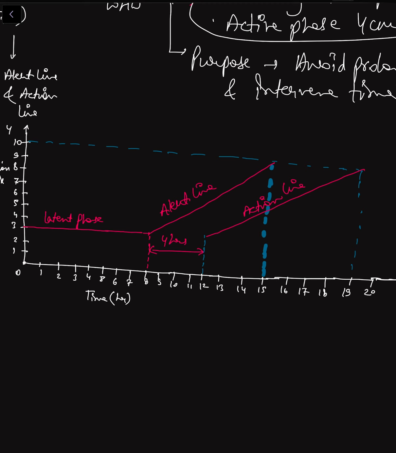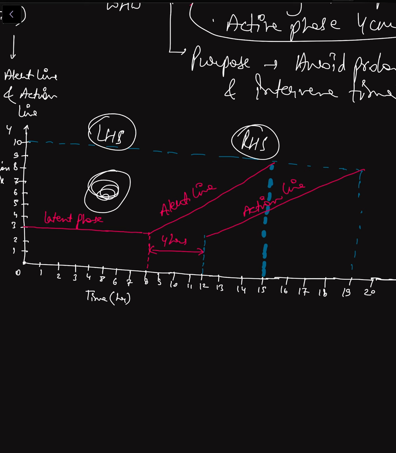During the labor, if the line remains left of the alert line, this is the left side, this is the right hand side, then we consider the labor is progressing normally.